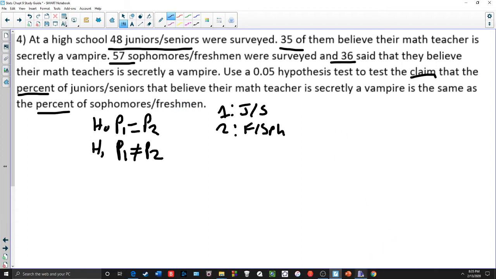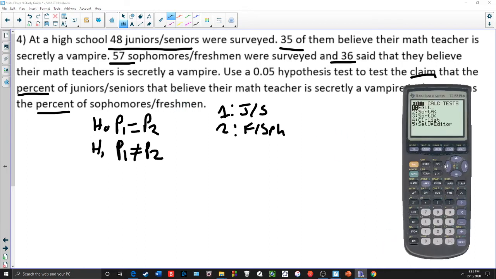So this requires a z-test. So we're going to go to stat, test, all the way down to the 2-prop z-test. Again, 2-prop being 2 proportion, 2 percentage, however you want to think about it to sink it in your brain there. Now remember, the x's here represent the number of successes or the number of yeses or the number of agreements, however you want to talk about that.